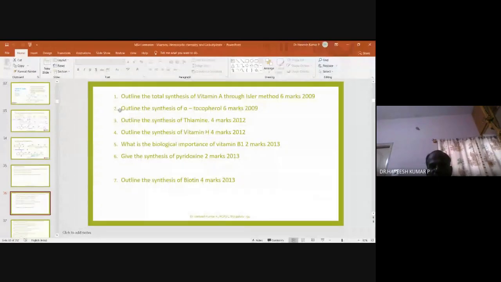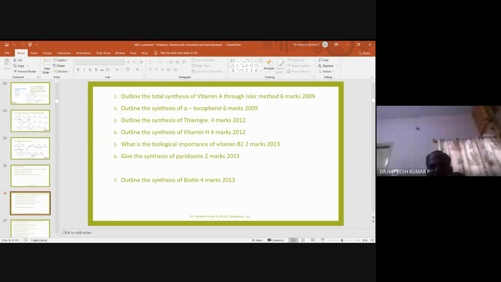Outline the total synthesis of vitamin A through the Euler method. Whatever synthetic method I have given for the preparation of vitamin A is the Euler method only. Here you can make it a short note, and it was asked in 2009.